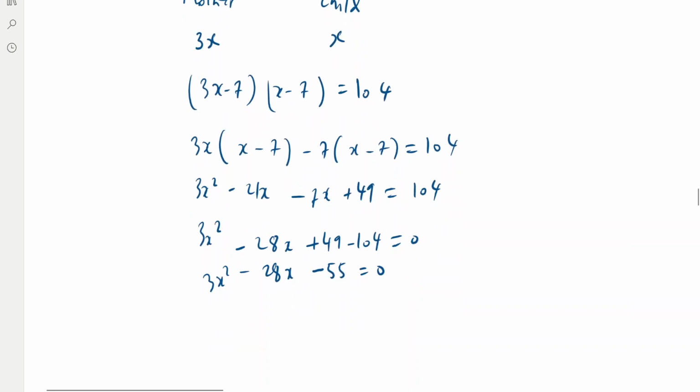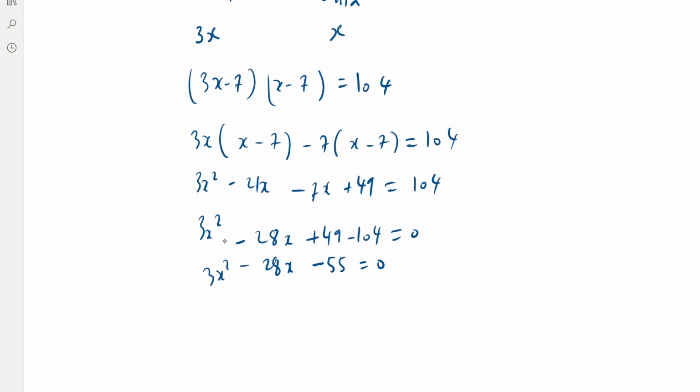So we'll check whether we can split the middle term. Think of two numbers. When you multiply, you get the product of negative 3 times negative 55, but when you add the numbers, you have to get 28.